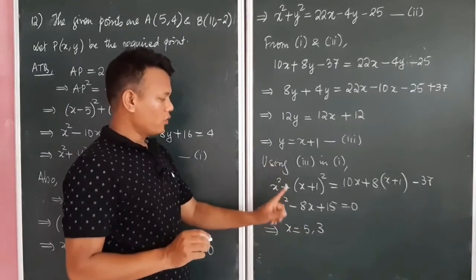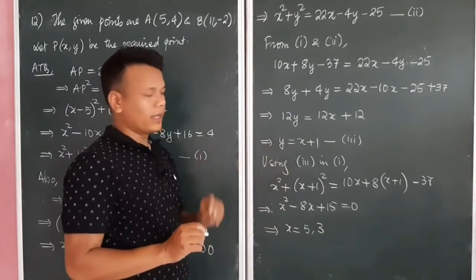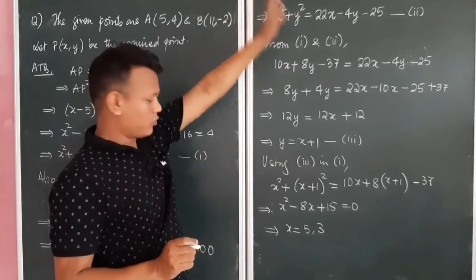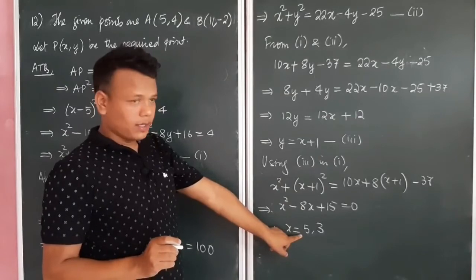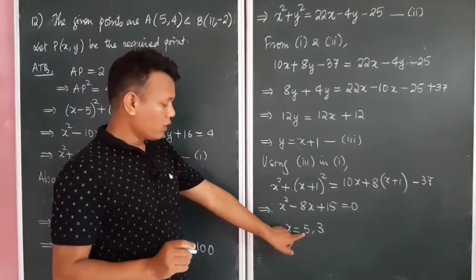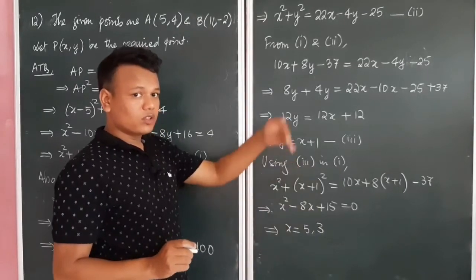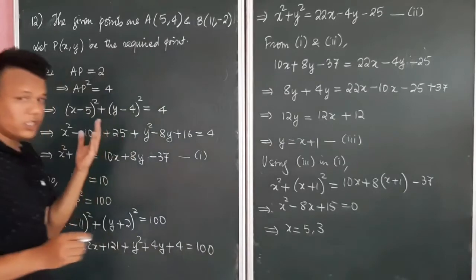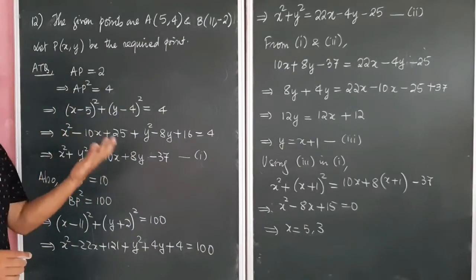So we have got to find the value of y as well, because you are finding the coordinate x comma y, right? So you found the value of x. One of the values is 5 and another value is 3. So if x is 5, then let us see what the value of y is using equation 3. You may pause the video to note this down, as I don't have the place.